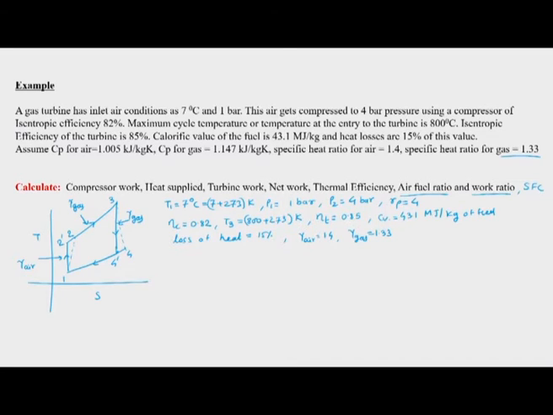Since air is getting compressed in the compressor, we use air as working medium, so we have gamma air. But in the combustion chamber we are burning the air with the fuel, so we have gas, which is a combustion product, and that gamma is 1.33. And in the turbine we don't have air, it is the gas which is expanded, so we use gamma gas in these sections.